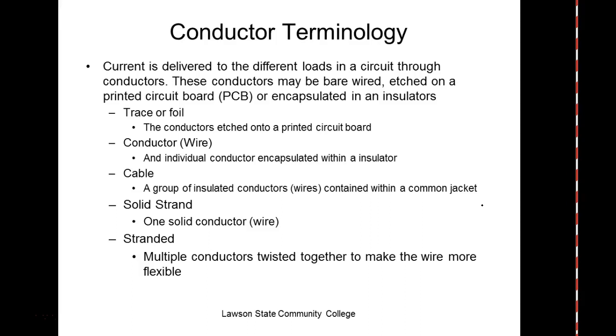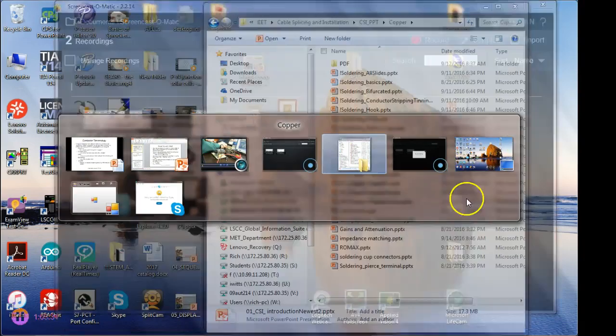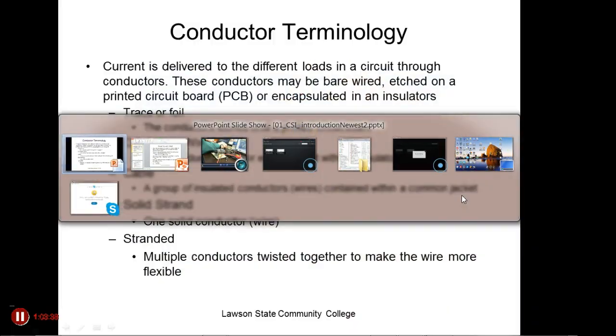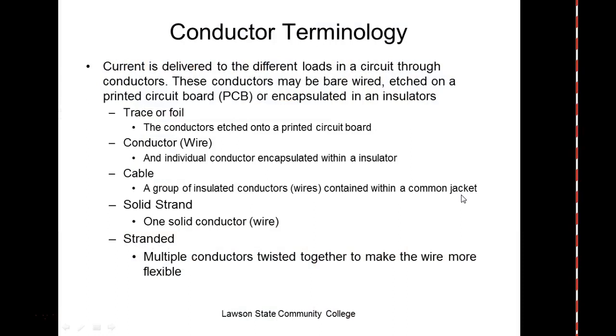Then we have a cable. What's a cable? A group of insulated wires that share a common jacket. This has evolved over the years. I need to go back and change this, by the way, because a lot of times we'll see a cable and it's got one conductor in it.